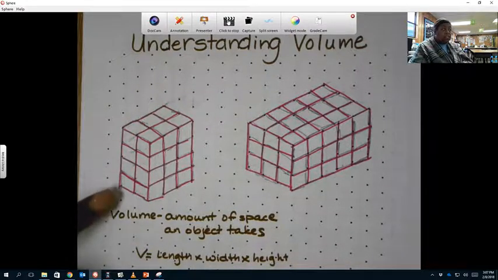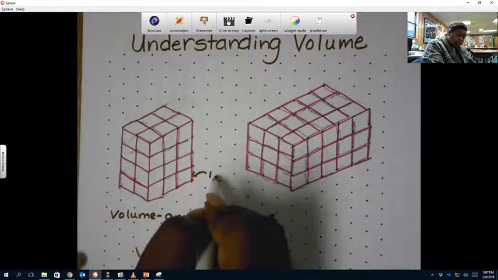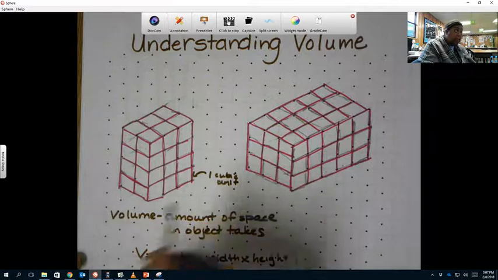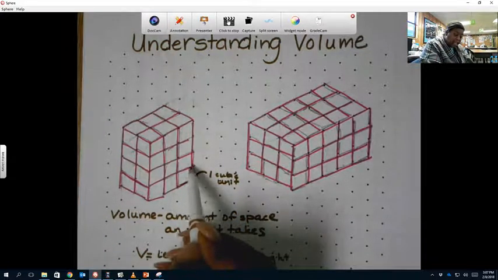And in this instance, we could actually count each square because each square represents 1 cubic unit. Okay, we don't know if it's a centimeter or an inch, so we just call it a unit. Cubic just means 3 dimensions because it has a length, a width, and a height.